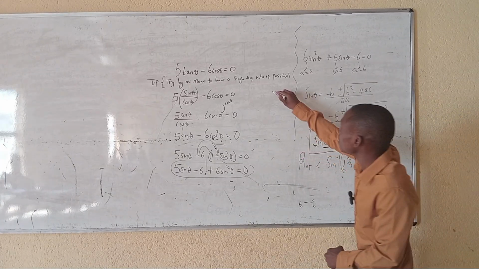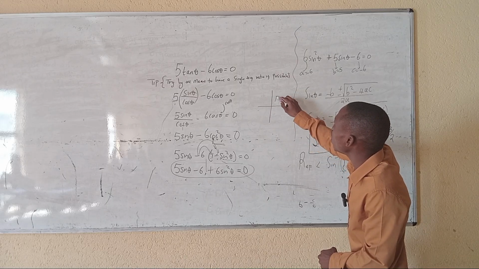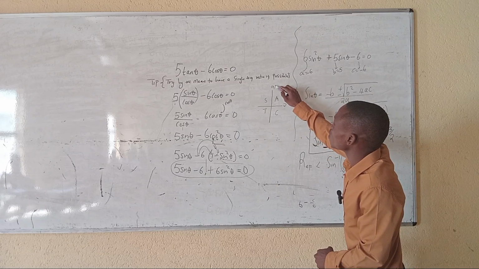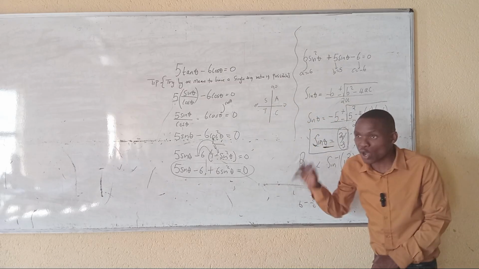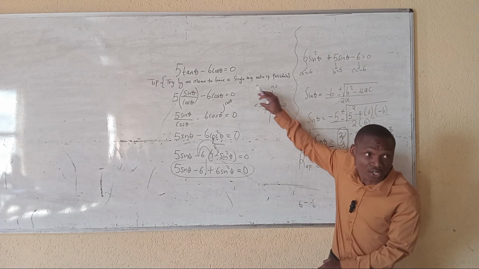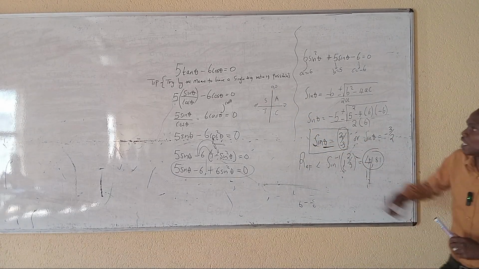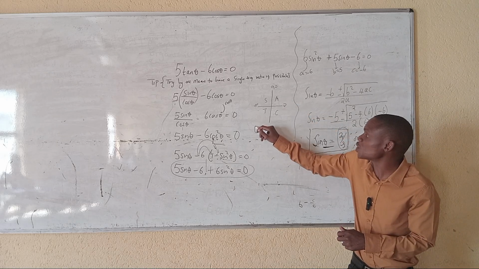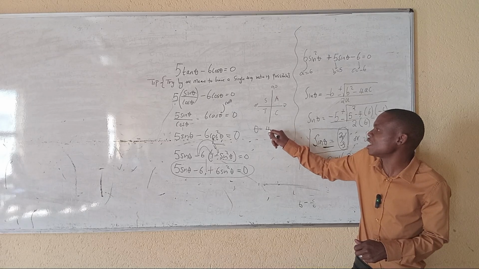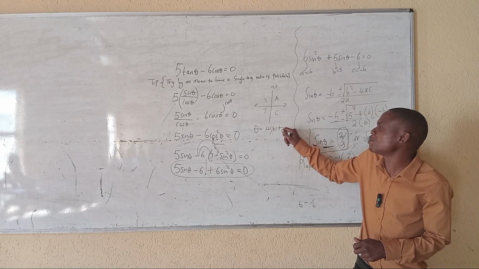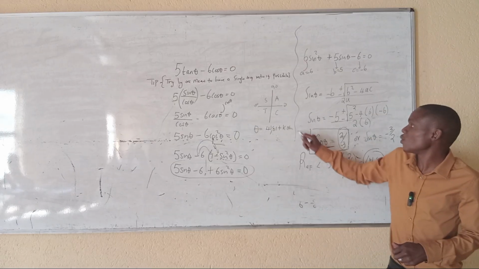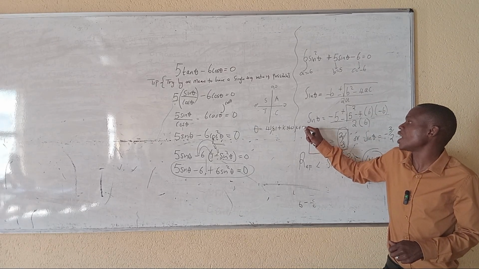If you remember your CAST diagram, All Students Take Coffee, sine is positive in the first and in the second. So in the first quadrant, we are going to use this reference angle, 41,81. Obviously, it's in the first quadrant because it's between 0 and 90, where k is an element of the integers.